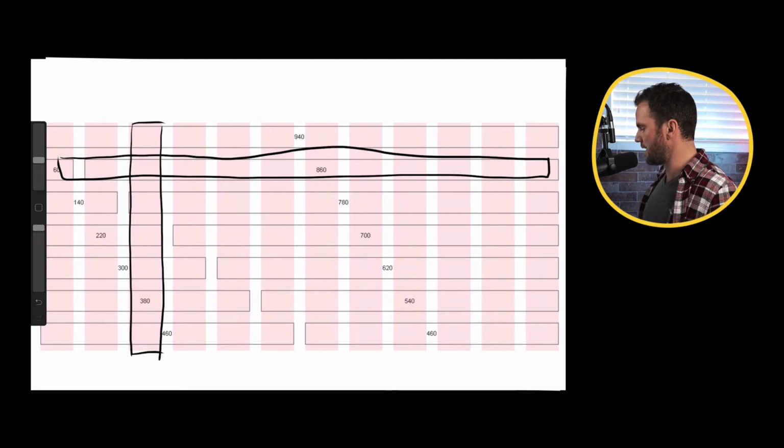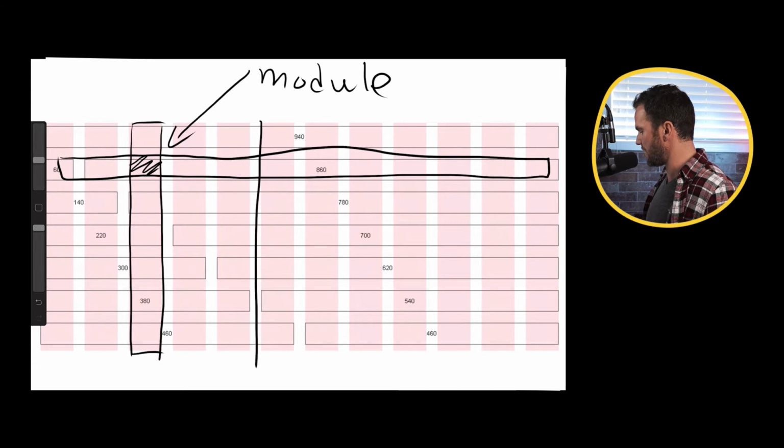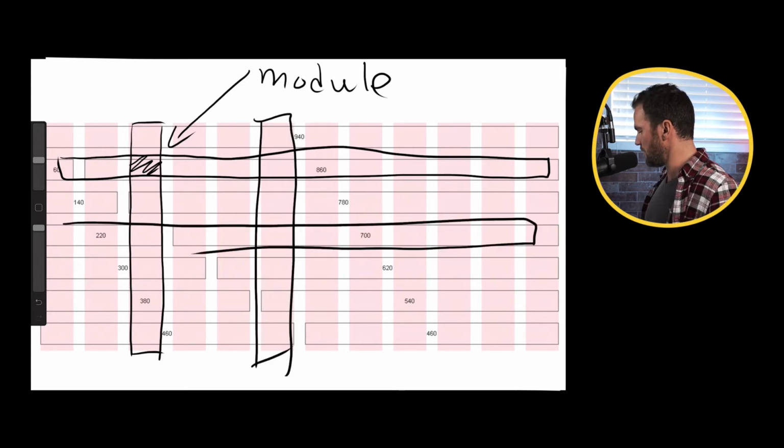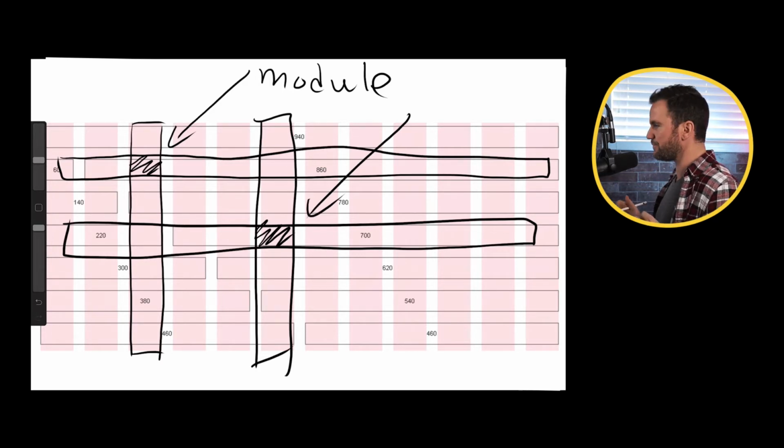Okay, that is a module. And there are lots of modules depending on where you intersect. So let's say we've got another column here, and we've got another happy little row. And then what is that? That is another module. So those are modules.